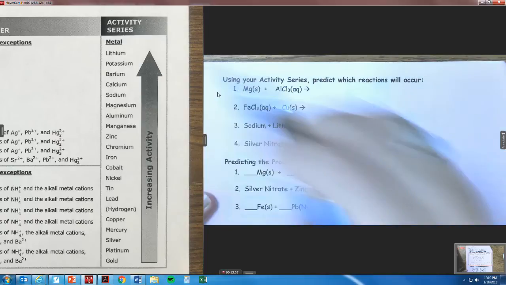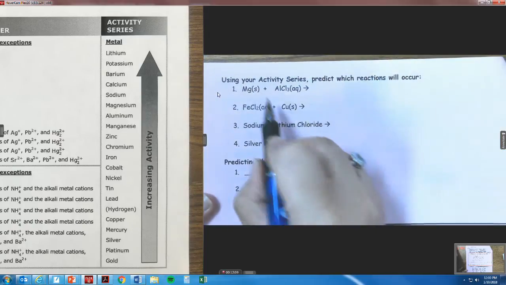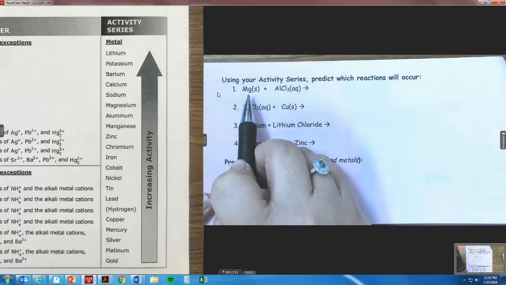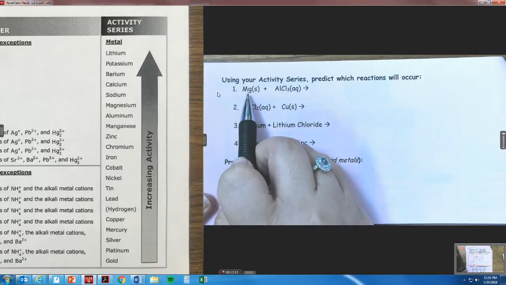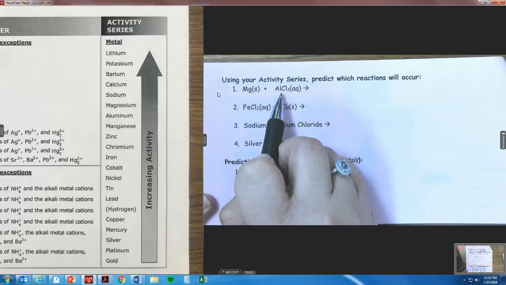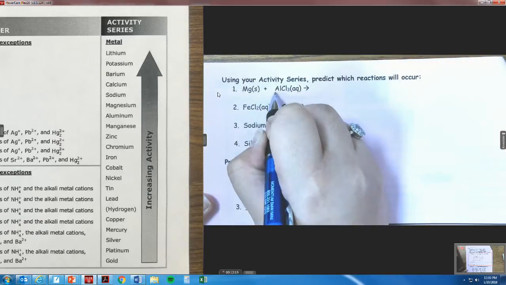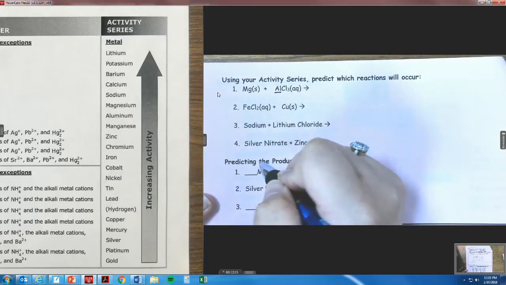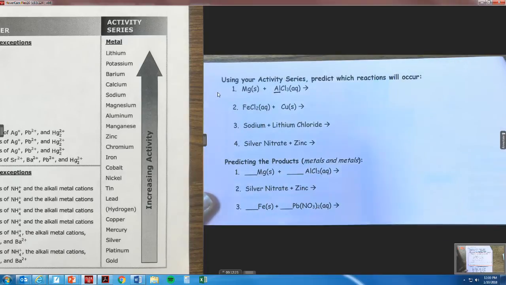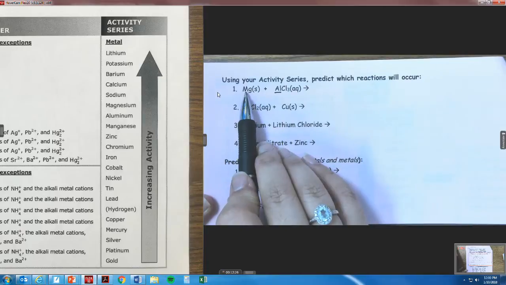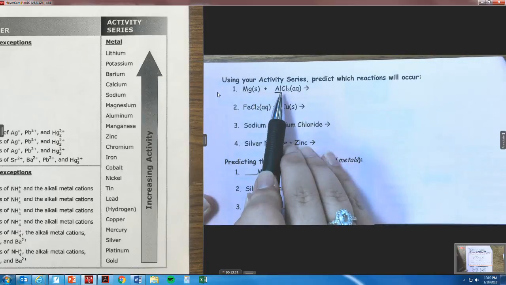Magnesium plus aluminum chloride. Remember, we're always looking at the metal that's by itself. Is the metal that's by itself higher than the metal in our compound? Remember, metals are always positive, so they're usually the one that's always first. So is magnesium higher than aluminum?